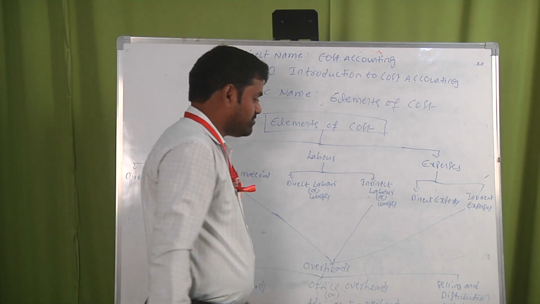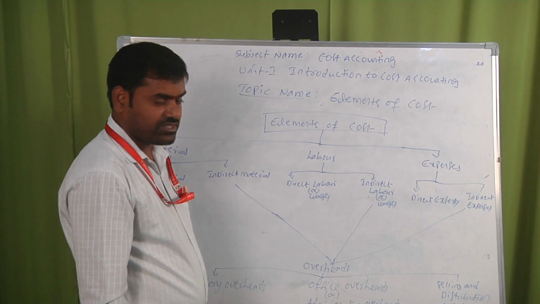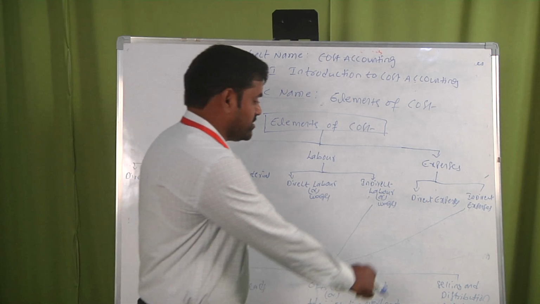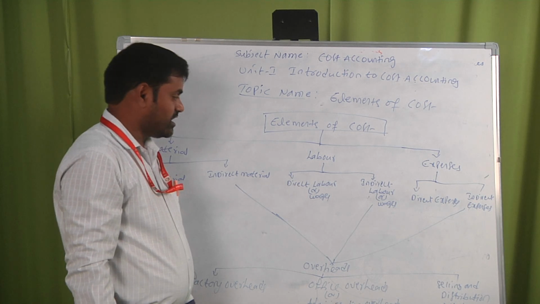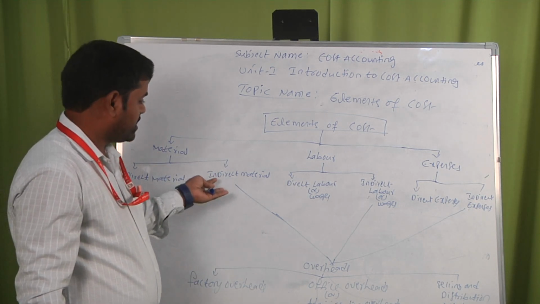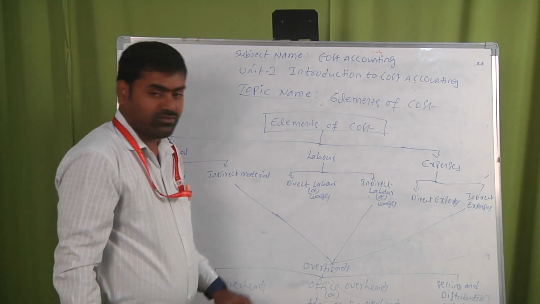And the third one is expenses. Direct expenses are directly added to the work in progress, and then there are indirect expenses. Indirect material, indirect labor, and indirect expenses are also known as overheads.